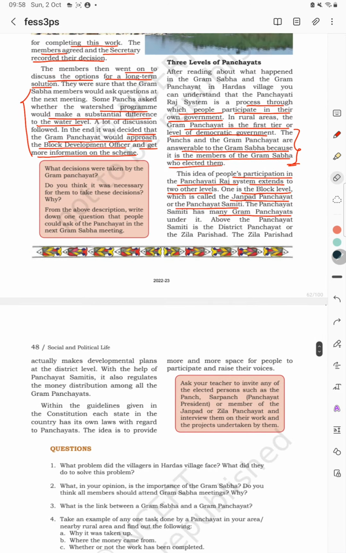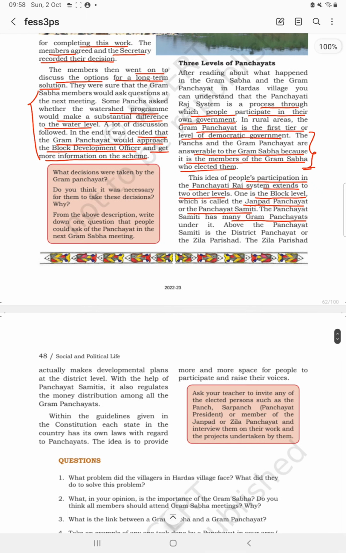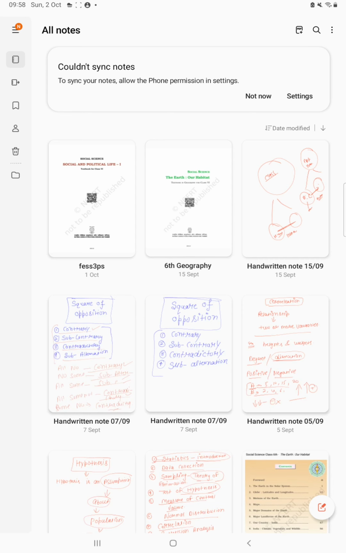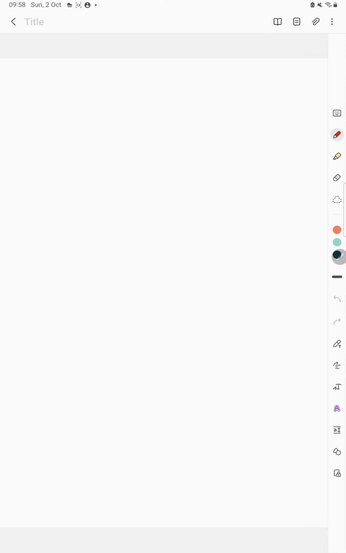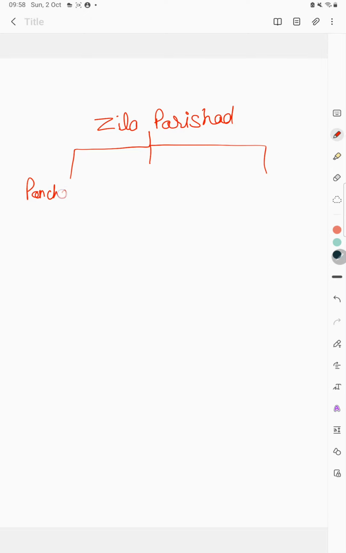Let me explain it. Zilla Parishad is at the topmost level. Below this we have Panchayat Samiti, or in short we can write PS.